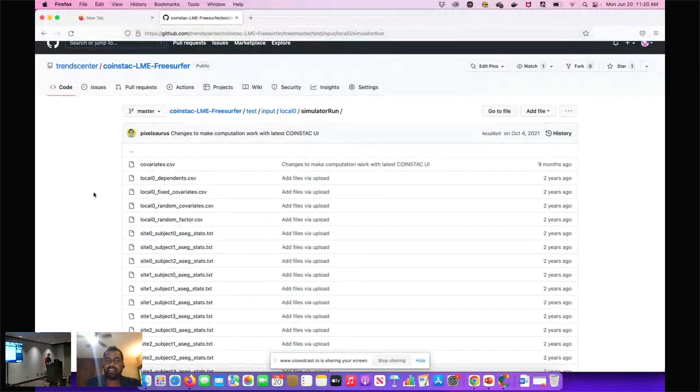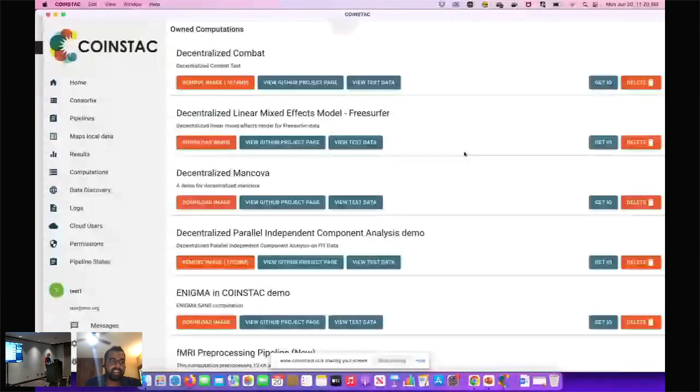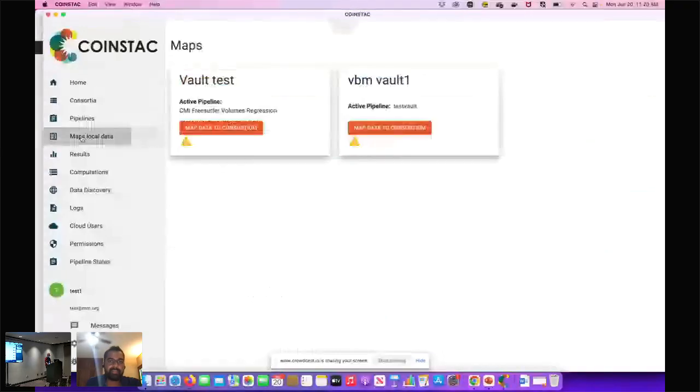Once their data is organized in this fashion, they basically go to the COINSTAC interface and they can map data. They select the covariates file.